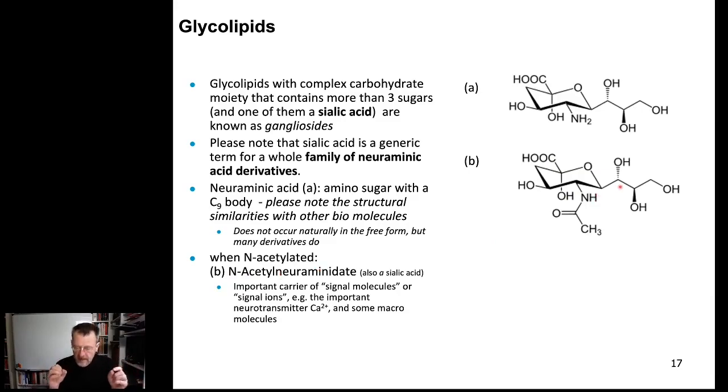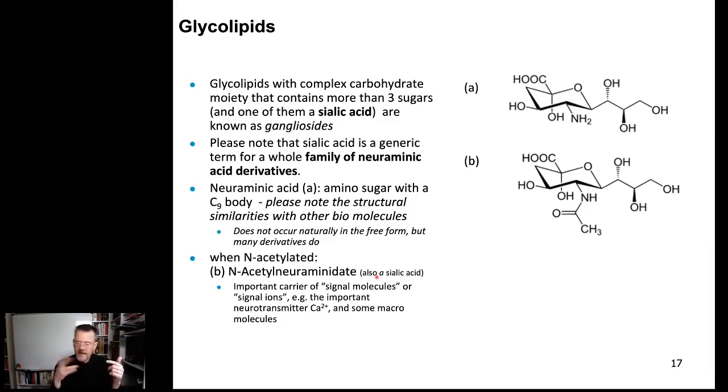So the sialic acid, like I said, is a family of molecules, and particularly the N-acetylated ones are typical signal molecules or carriers of signal molecules. So just as an example, they might interact with calcium ions, calcium 2+.